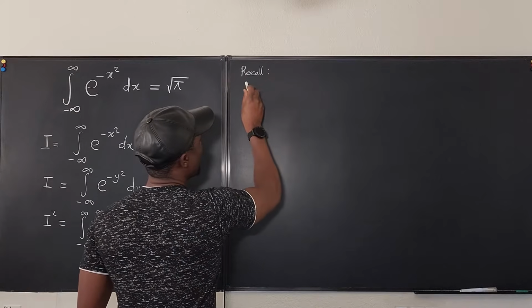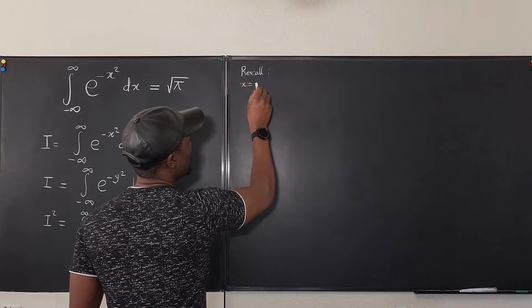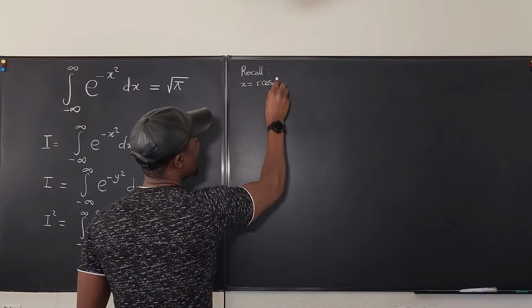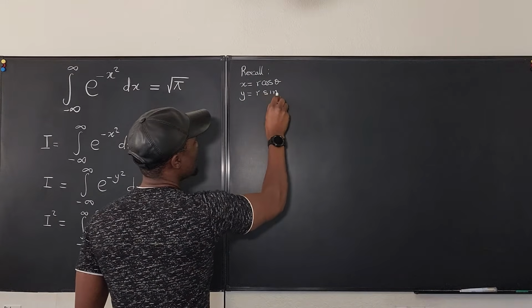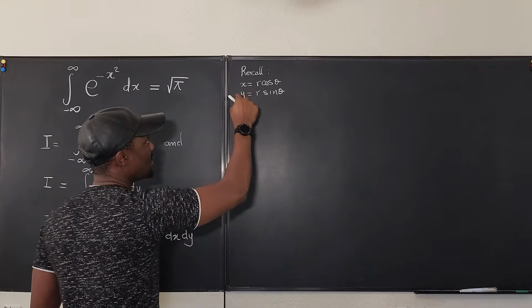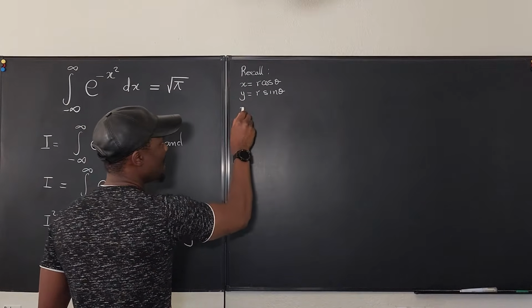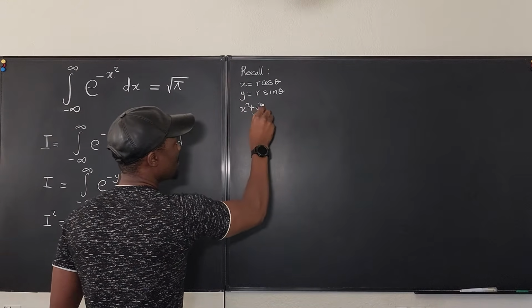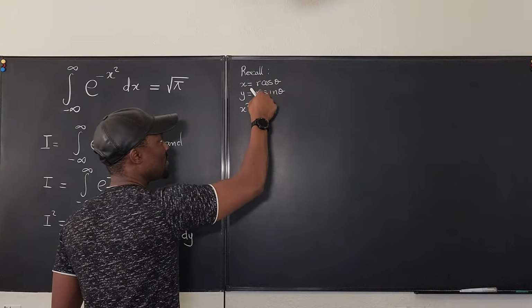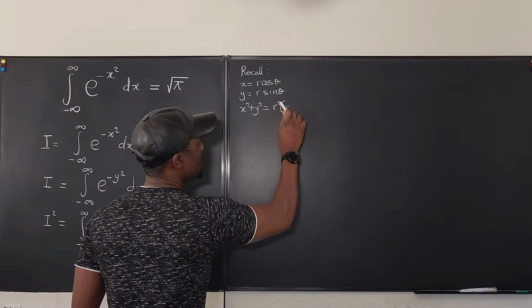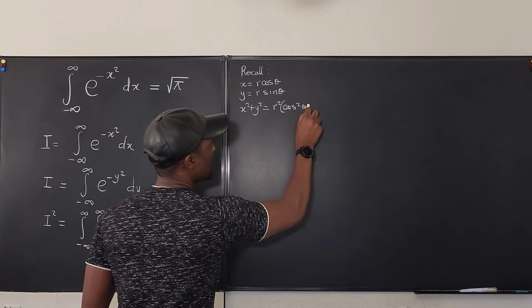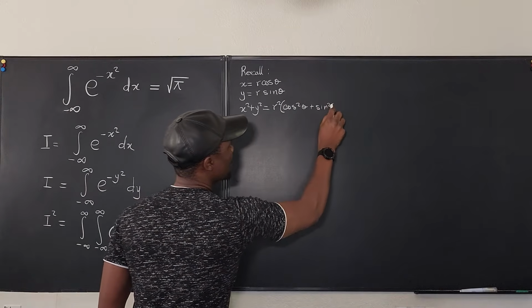that we can write x equals r cosine theta. We can write y equals r sine theta. And the square of this plus the square of this, x squared plus y squared, will be equal to r squared times cosine squared theta plus sine squared theta.